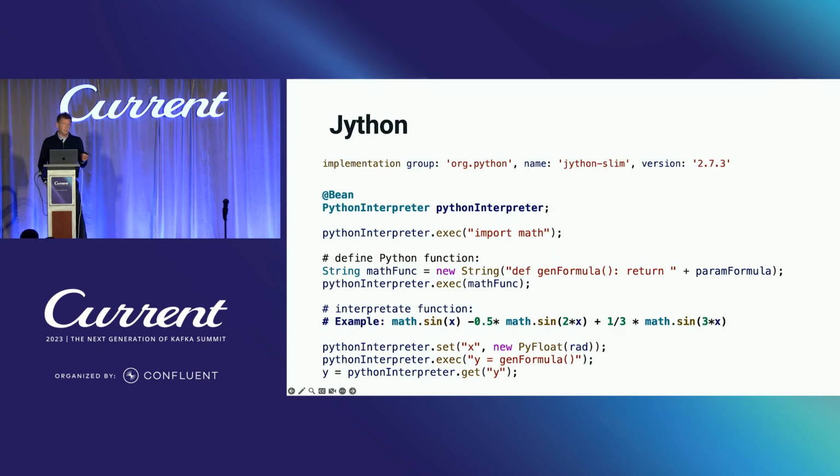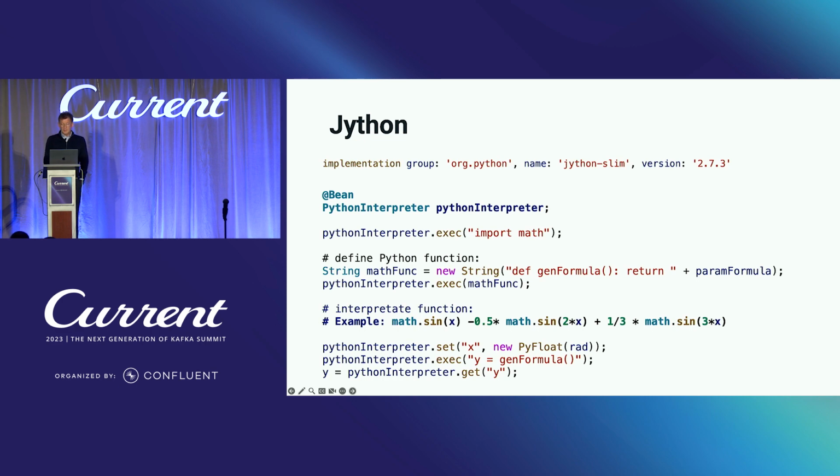So in order to use it, we can use Jython, which is an embedded Python interpreter, which we can use in Java. We just define a Python interpreter bean, and then we pass this parameter, and we say execute.